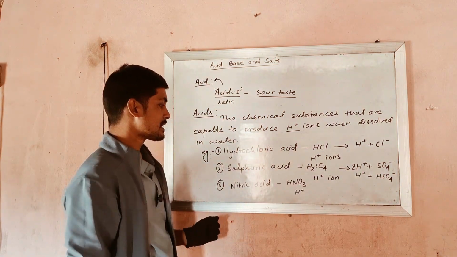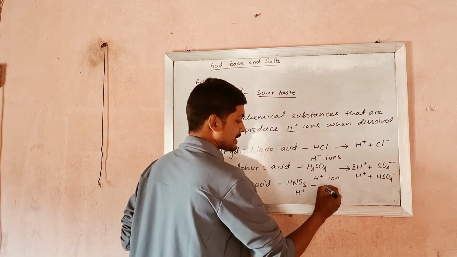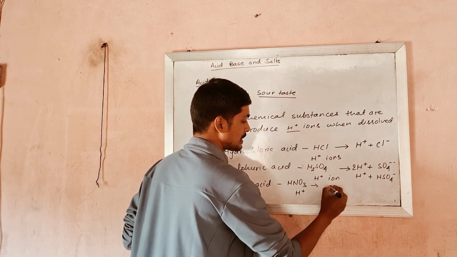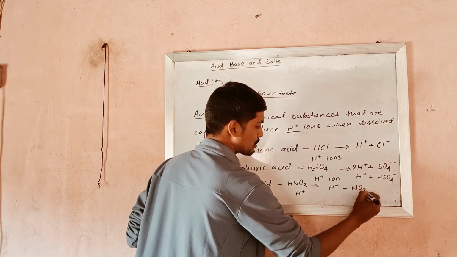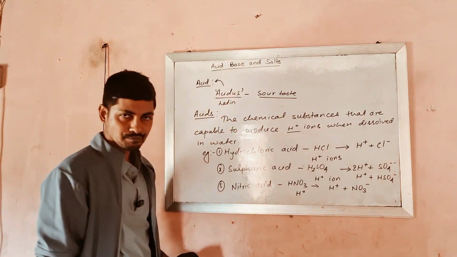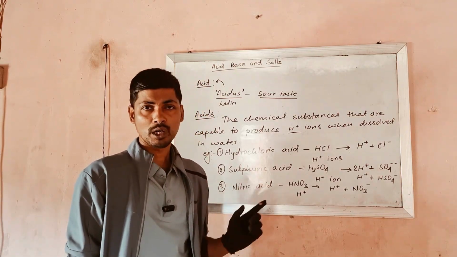Nitric acid produces H plus ion and nitrate ion, NO3 minus. All this happens only when they are dissolved in water.